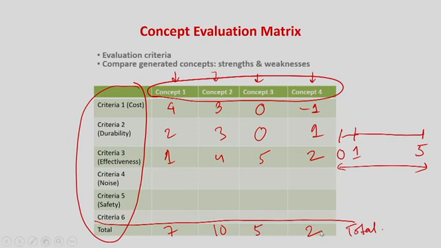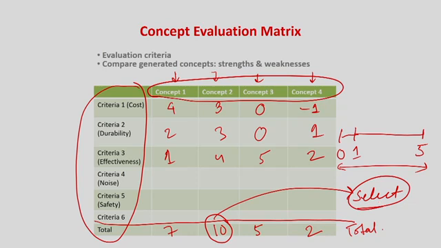So, finally, based on this score, you can select concept 2 as the best performing concept across all the concepts that you have generated, and you can move it towards your detailed drawing and manufacturing stage. So, this is about concept evaluation.